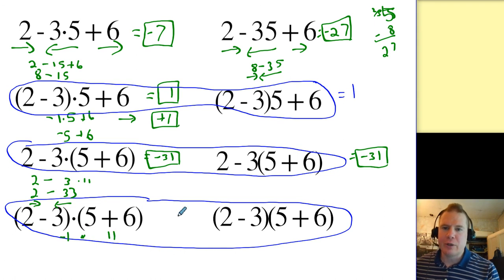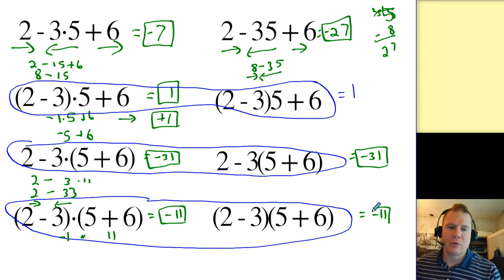Negative 1 times 11, negative 11. And since this is the same problem, negative 11. So we have 1, 2, 3, 4, 5 different answers here, even though the problem looks very similar in all 8 versions.